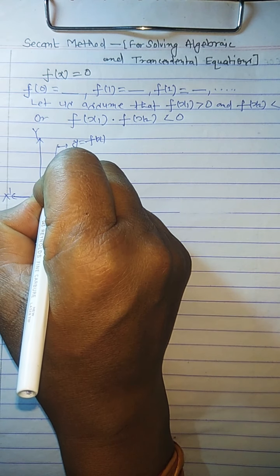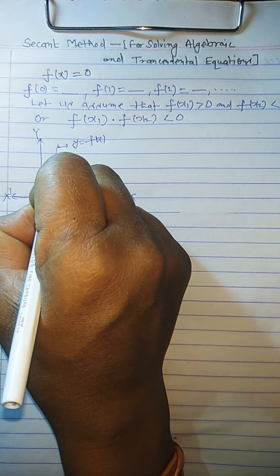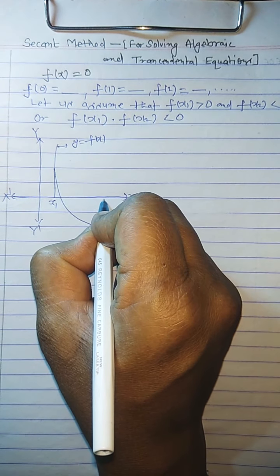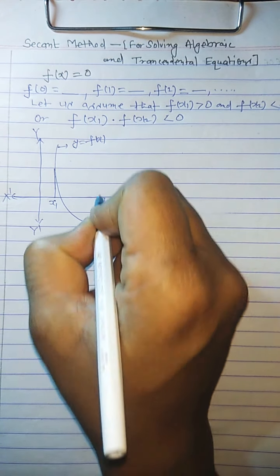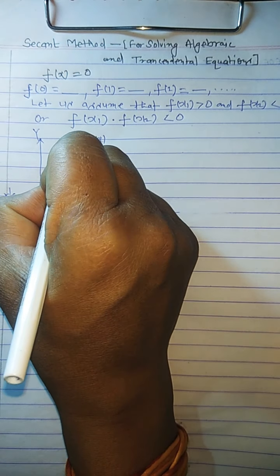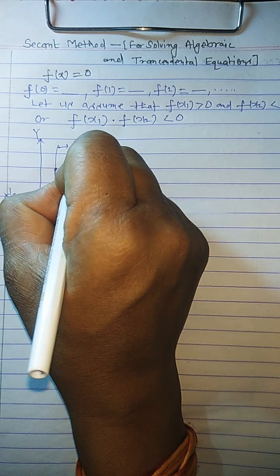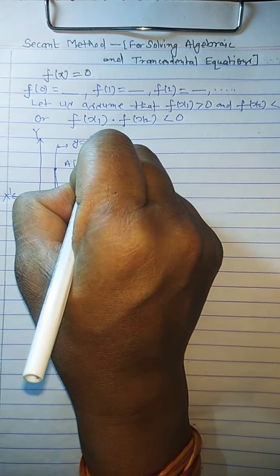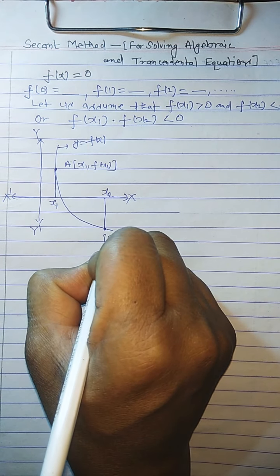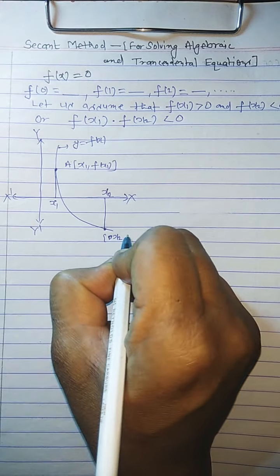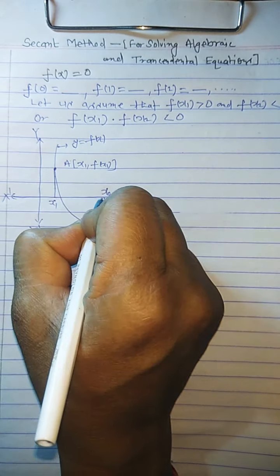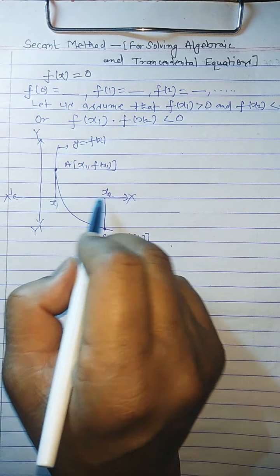Suppose this is the point x1 and this is the point x2. The coordinates of this point are x1, f(x1), and of that point x2, f(x2), and the root lies between them by the intermediate value property.